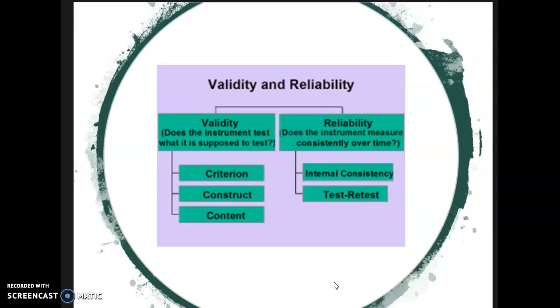Looking at, as we spoke about, the consistency and the test-retest components. And then as we dive into validity, we're going to look at whether an instrument tests what it's supposed to test. So there's different types of validity. So we're going to dive into that.